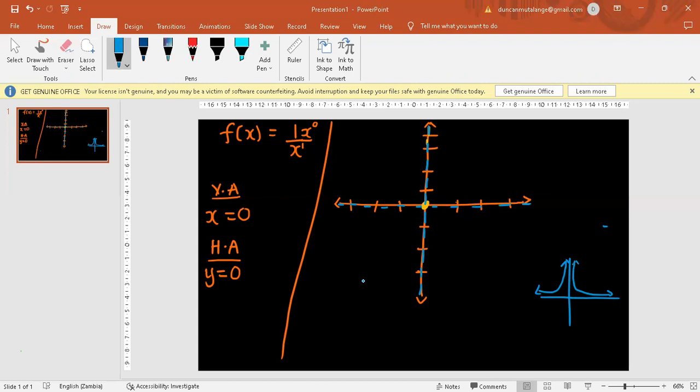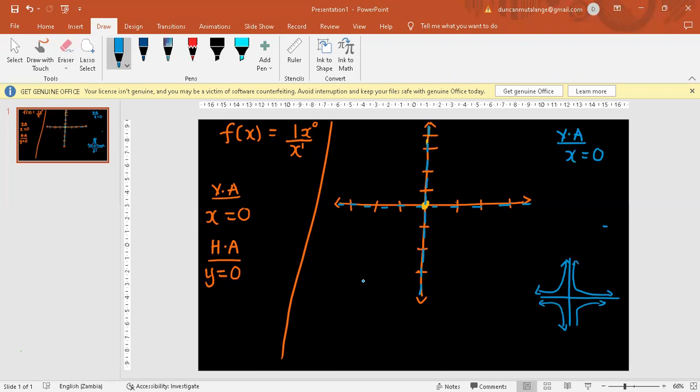Only two of these are going to be accepted here, but I'll show you how to do it. So now you come here. Your vertical asymptote is going to be the key thing. Here we said x is equal to 0. So you pick any point to check whether it's going to be like this or this.